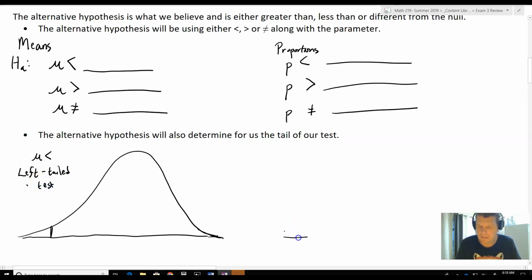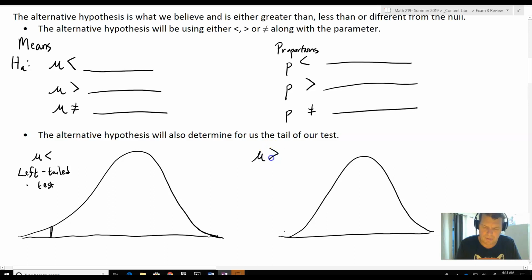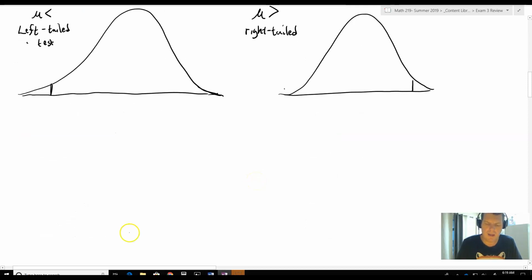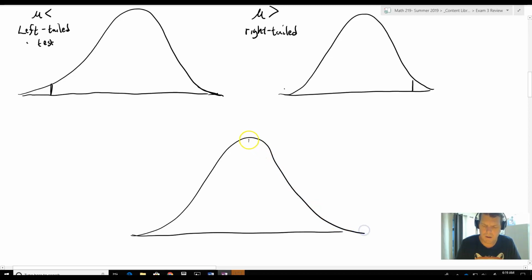If, on the other hand, we have mu is greater than, then we have a right-tailed test because it's on the greater than side. And if we have mu does not equal our null hypothesis, then we have it two-sided.